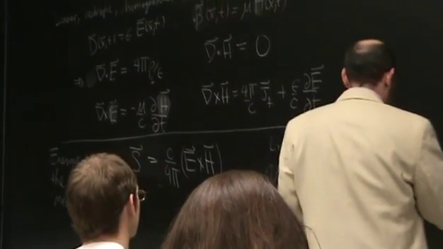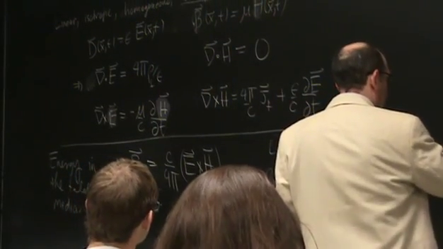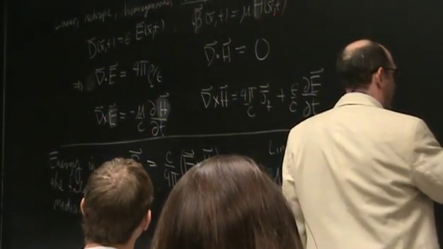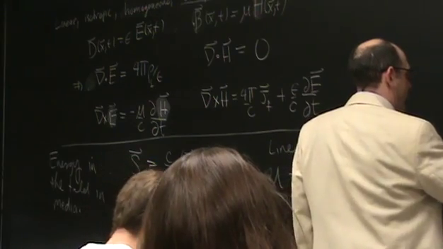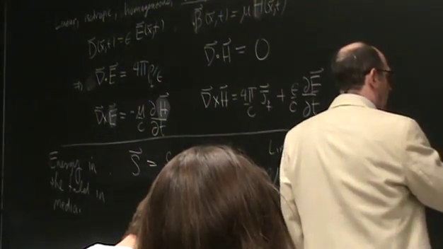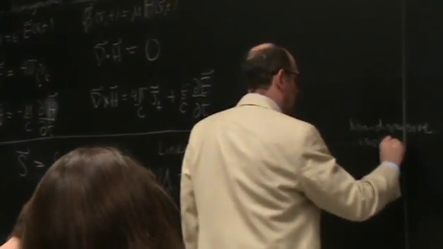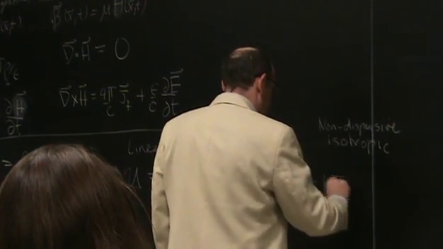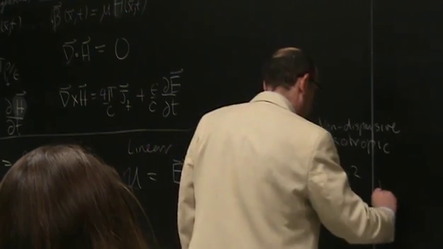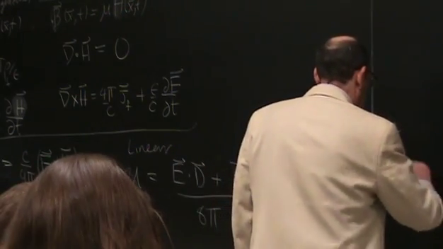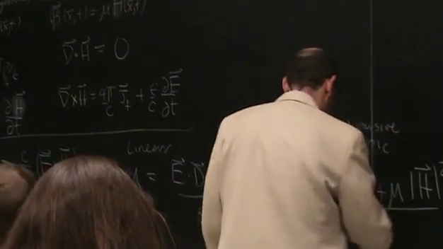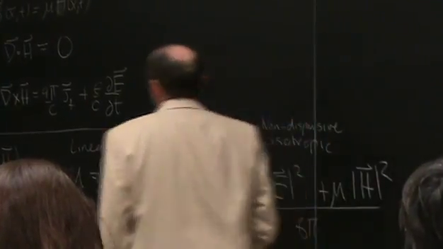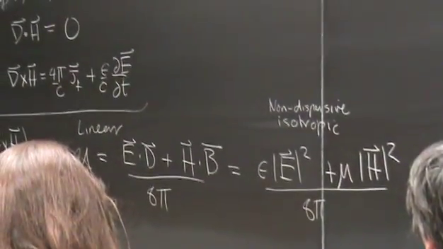Or if it's non-dispersive, isotropic, then this is often written as epsilon E squared plus mu H squared, using these relationships here.